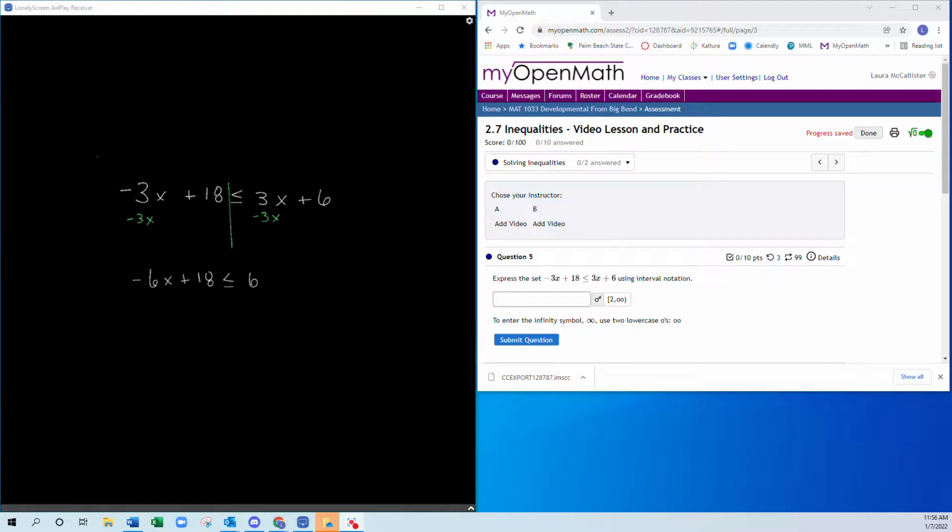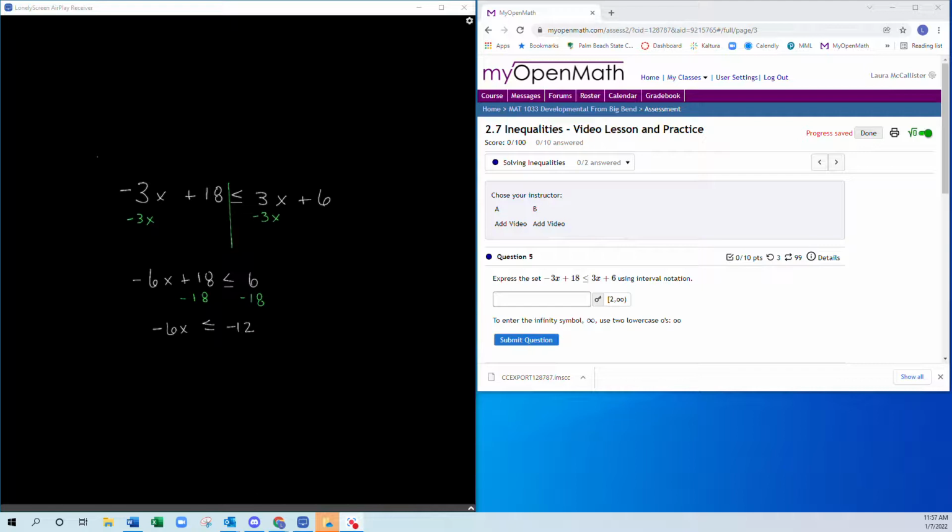Do the same thing with numbers: I subtract 18 from both sides. When I do that, I am left with negative 6x is less than or equal to negative 12, because 6 minus 18 leaves me with a negative 12.